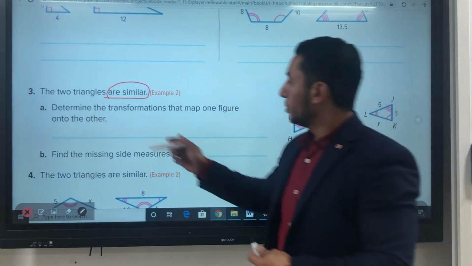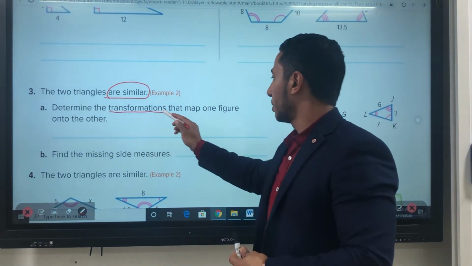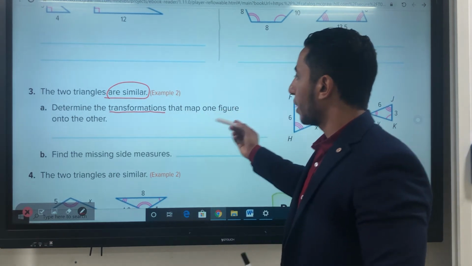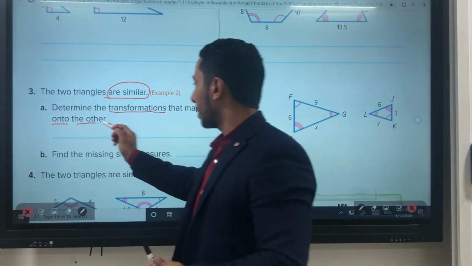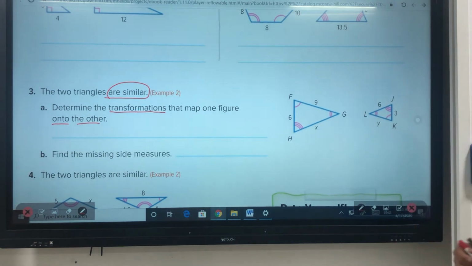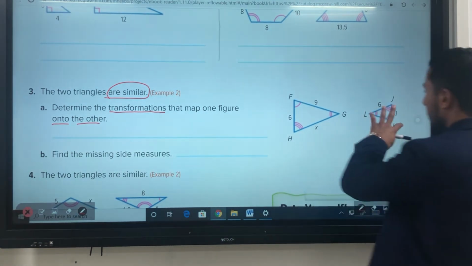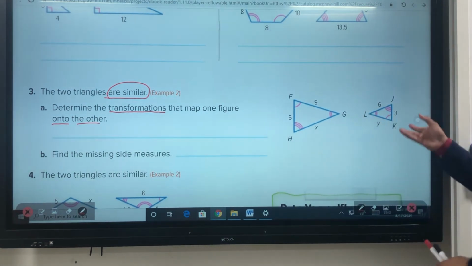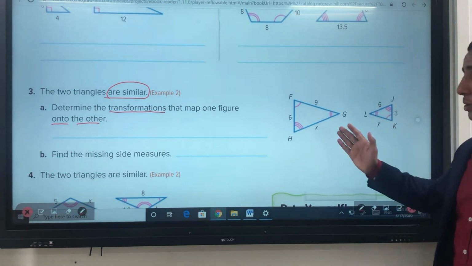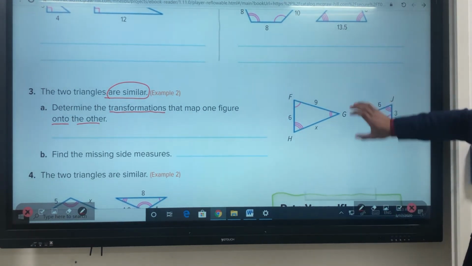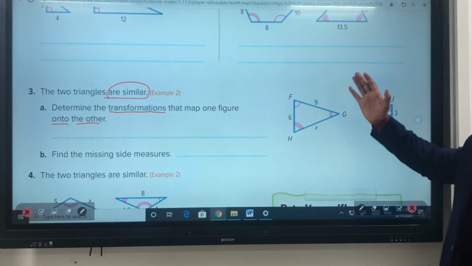So determine the transformation that maps one figure onto the other. Good. So for the transformation I use here rotation and dilation. So I will rotate this and make it bigger.